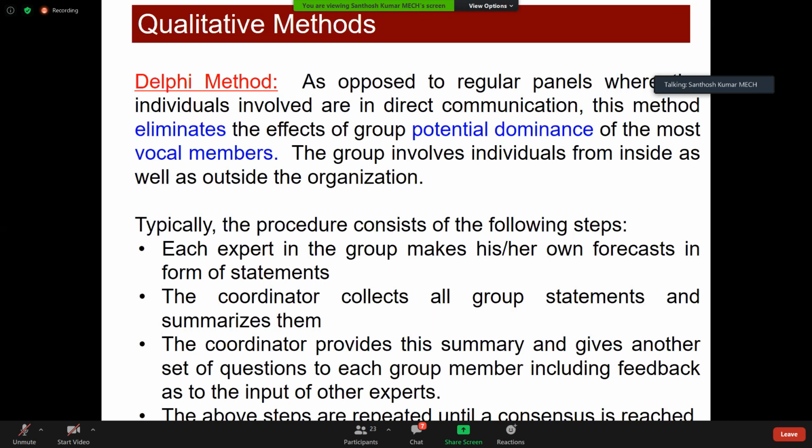Each expert in the group makes their own forecast in the form of statements. For example, a company is going to give some order. Once the initial data are received from the customer, they will start to analyze before going for order negotiation.